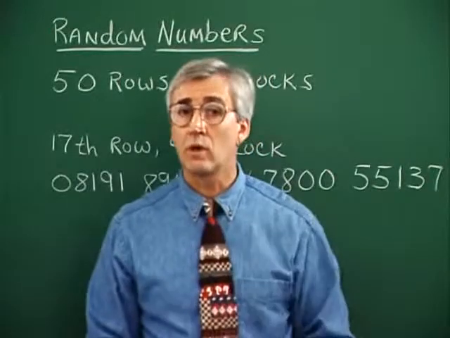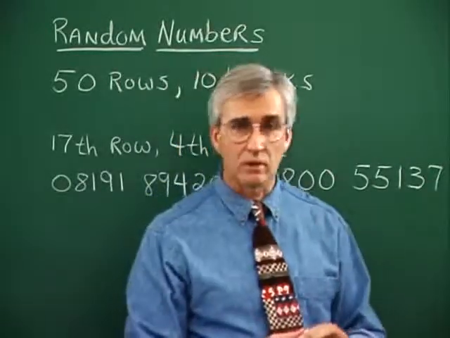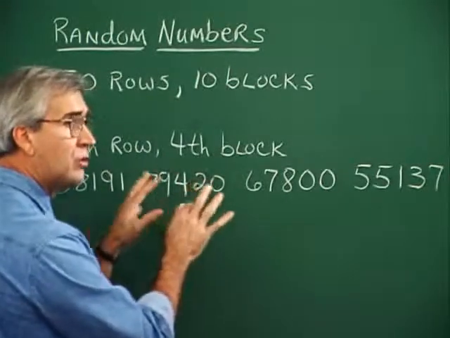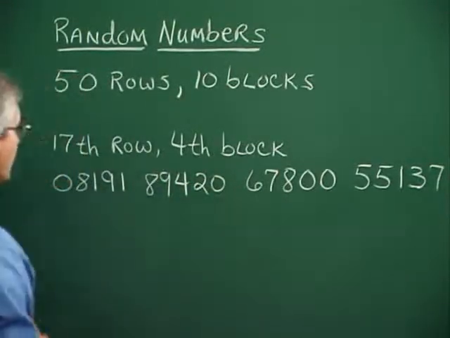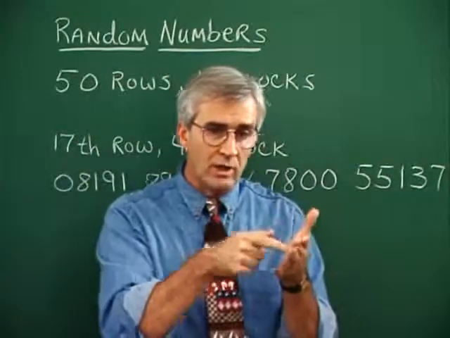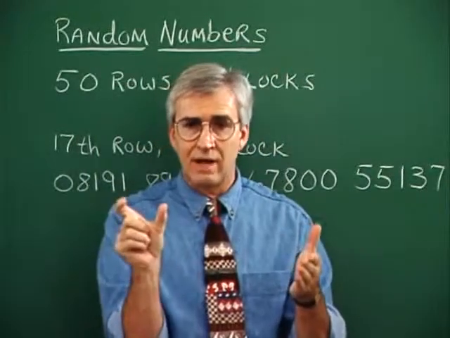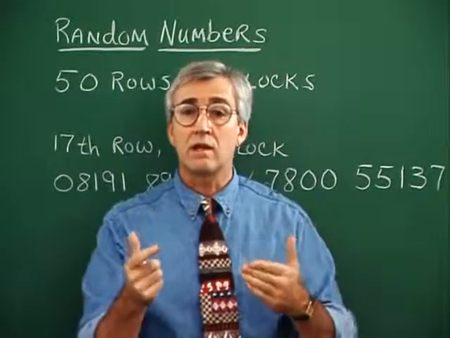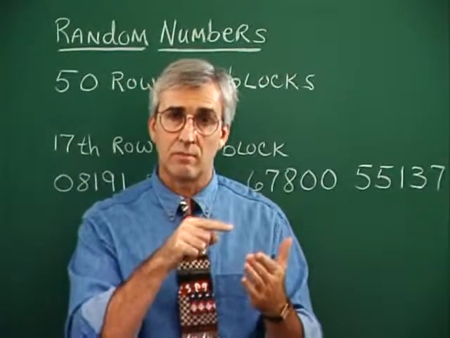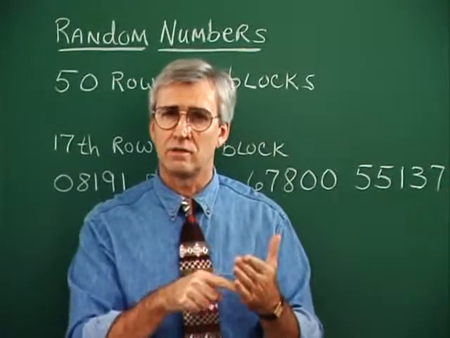And then here's how we would use the random number table to generate random items from that group of 500 automobiles. Now, you know that 500, numbers 1 to 500, the 500 is a 3-digit number.